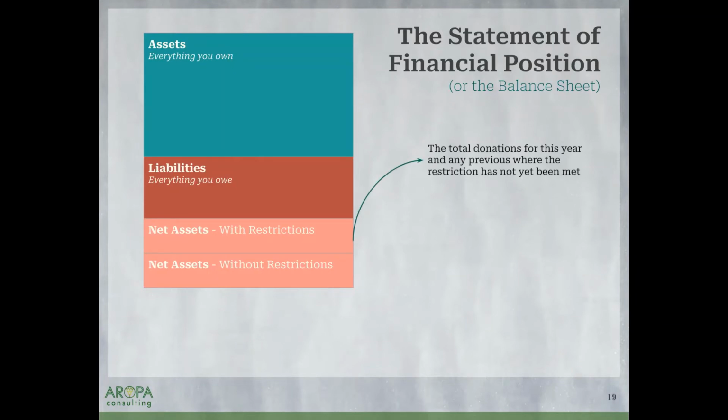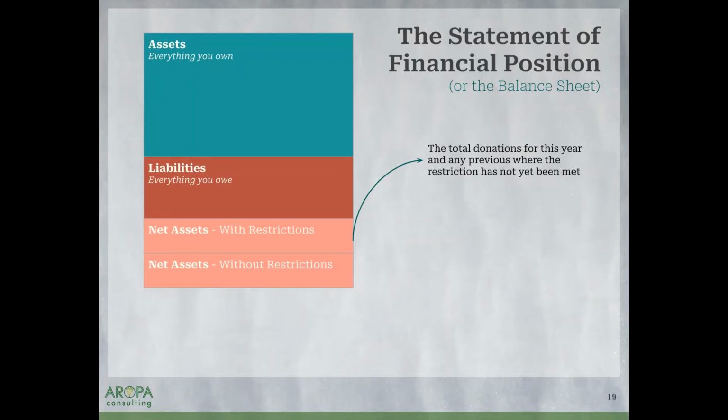But the simple way to think about it is, what is everything we own, physical and financial? And so as we talked about before, with restrictions, the balance of restricted revenue, so that's revenue that we need to save because we haven't gotten a chance to use it yet, is considered a net asset with restriction. This is the way that we ensure year to year that we know how much we're saving for future use.